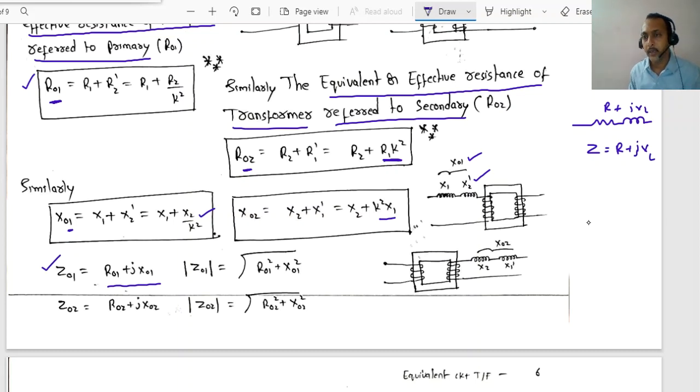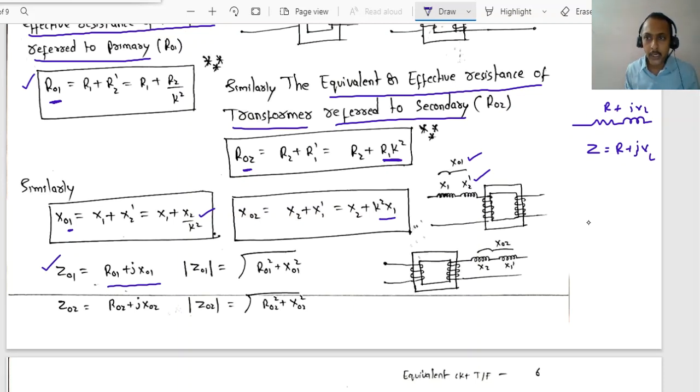If it is inductive reactance, you get plus j. If it is capacitive reactance, you get minus j. Now, as the winding is inductive in nature, we get the plus sign in this context. Z01 equal to R01 plus jX01.